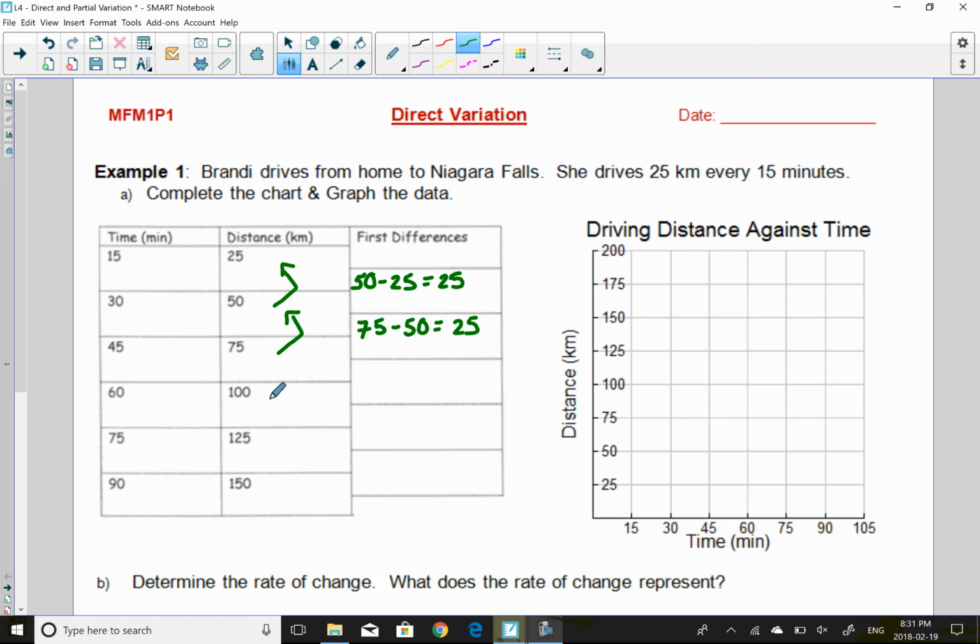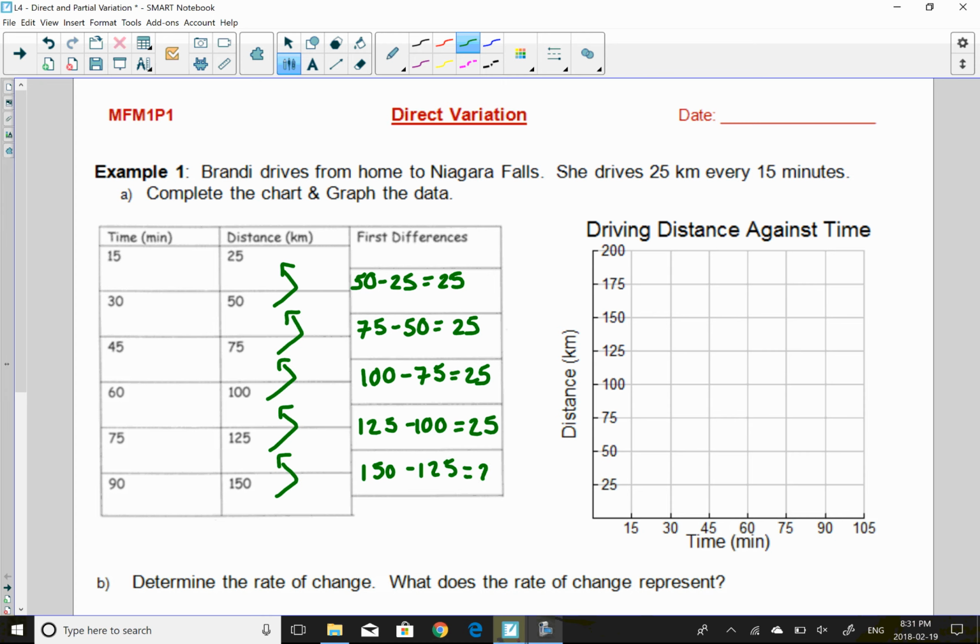And again. 100 minus 75, 25. And 125 minus 100. And 150 minus 125.